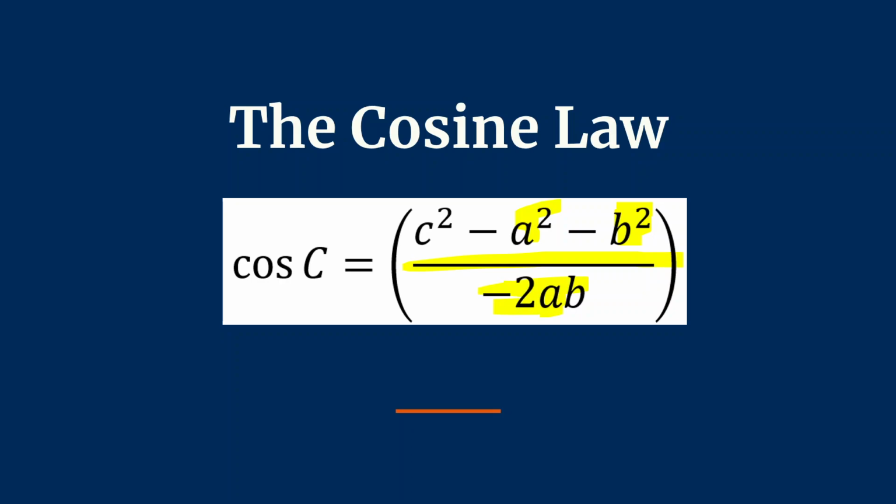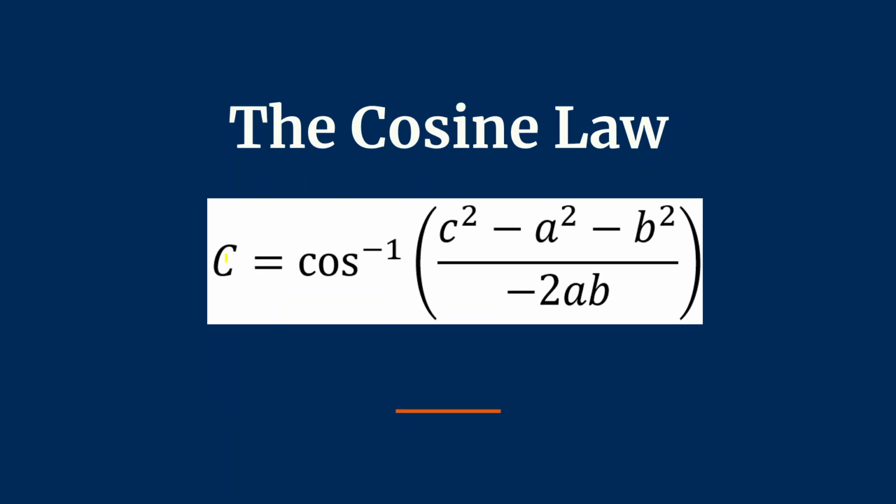That is fine, but I actually prefer to go all the way and also get rid of the cosine that's happening to my angle I'm looking for. So this is the way I like to actually present the cosine law, which is to find angle C, you do inverse cosine on whatever this math is when you calculate it.